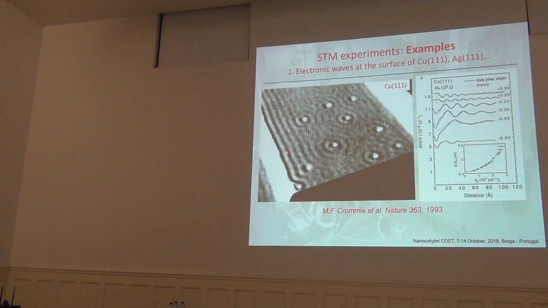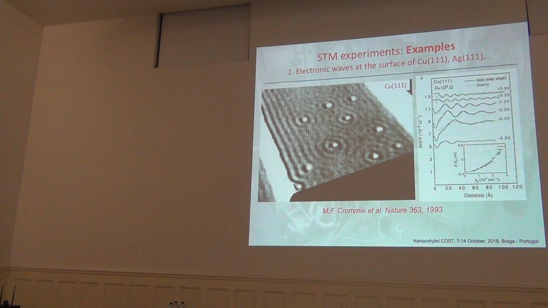And this is an atomically flat surface, so you don't see individual copper atoms, and you don't see them because copper is a good metal, in a good metal you have planar waves, and the Bloch amplitude of planar waves equals 1, and you have no reason to see any atomic resolution.